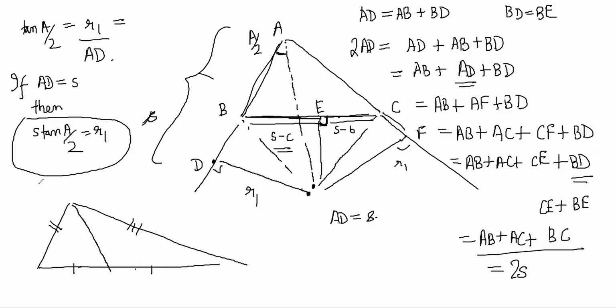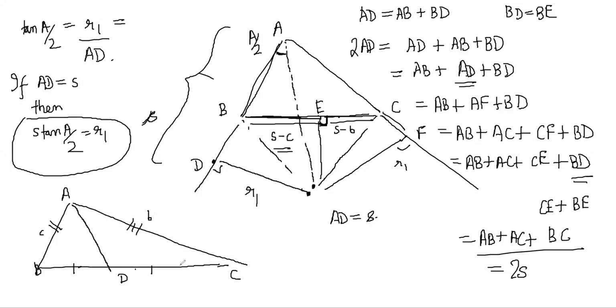Remember we got that BD is to CD is equal to AB is to AC, and AB is to AC is C is to B. So BD can be CK and CD can be BK.